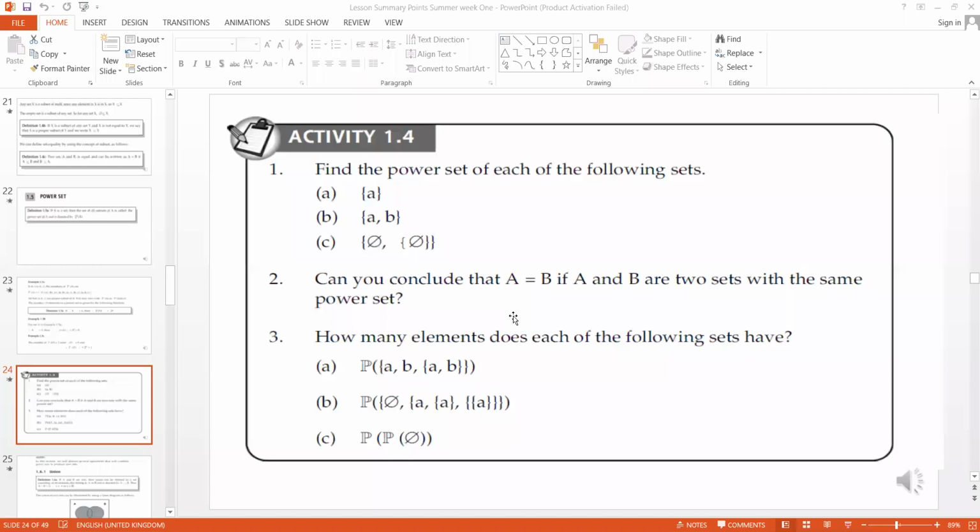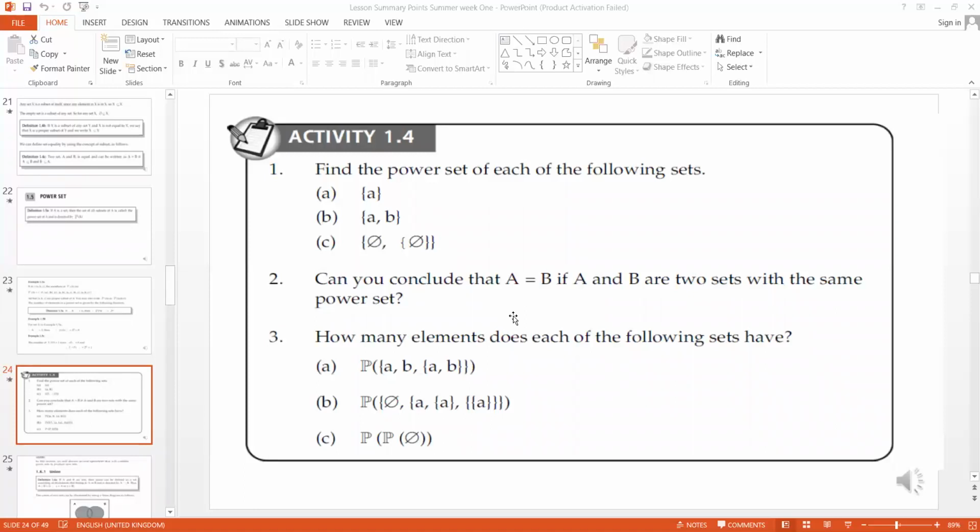I have a question. Yes, go ahead. Let's say you have a set A which contains elements 1 and 2, and maybe you have the number of elements in the set.